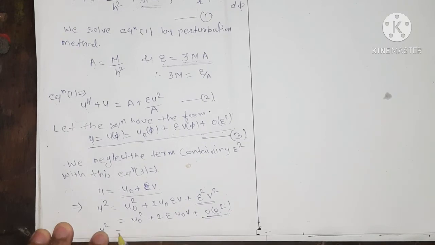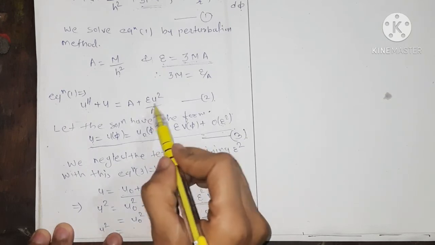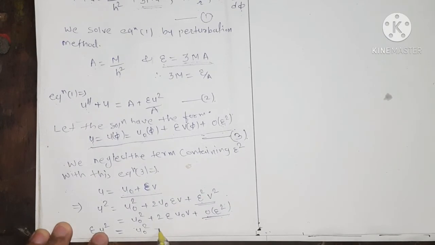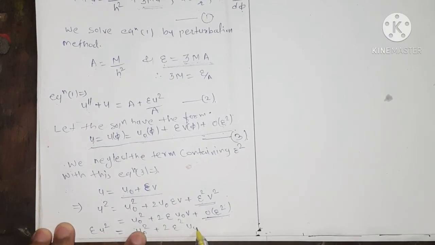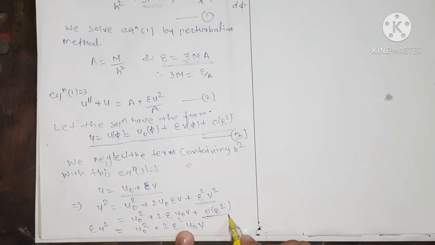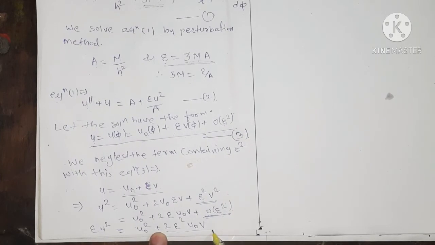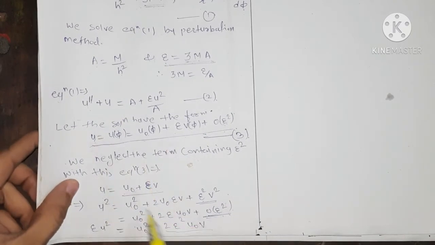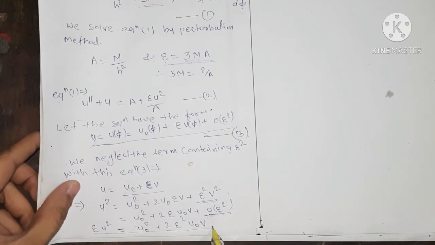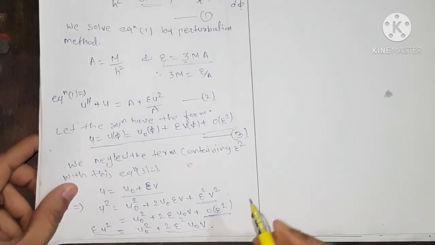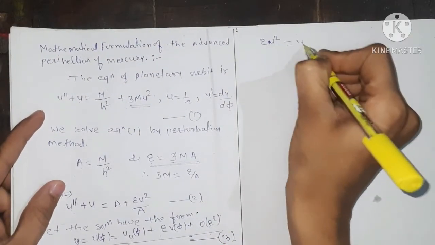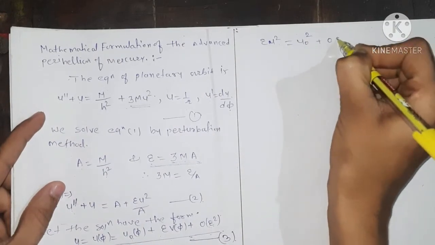So we require the epsilon u square. Okay, so this is epsilon u square equals epsilon u0 square plus twice epsilon square u0 into v, and we are neglecting the term containing epsilon square, so we have to neglect this term also, right? So we can write this equation as epsilon u square equals epsilon u0 square plus the term containing epsilon square.